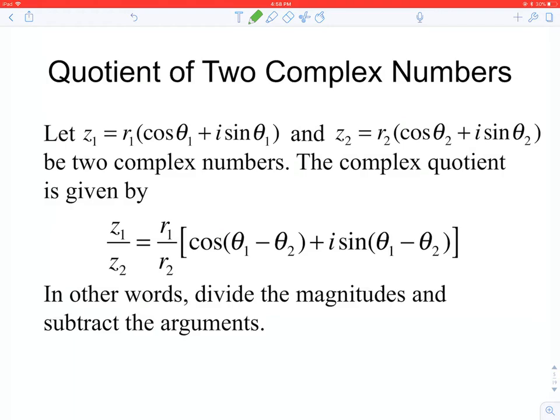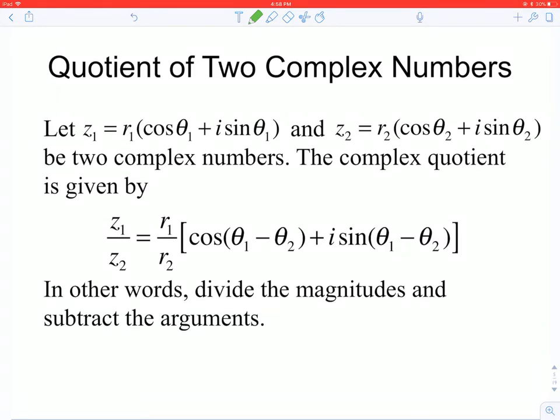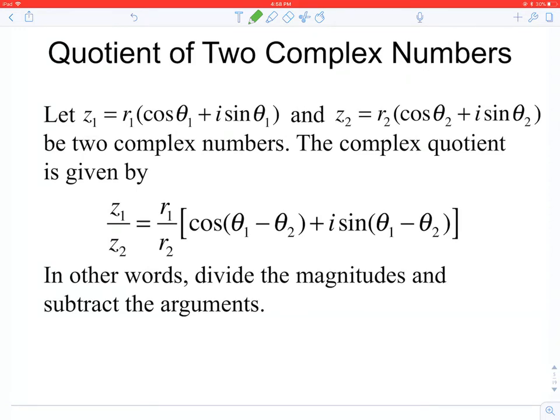Okay, so we can also find the quotient of two complex numbers that are in polar form. Again, the notes that I'm sharing with you will have the derivations, but for the sake of time, I'm not going to include those in this video.